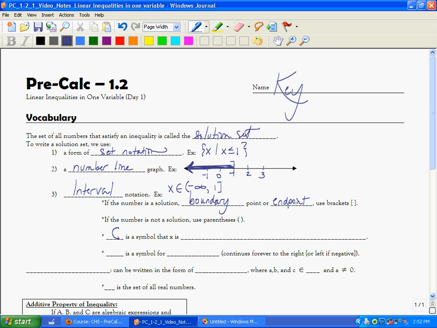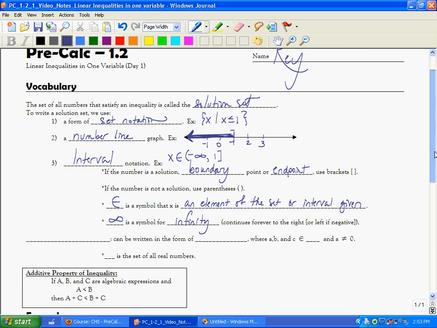That E symbol represents that x is an element of the set for the interval given. And that sideways 8 is the infinity symbol. It continues forever, either left or right, left if it's negative.